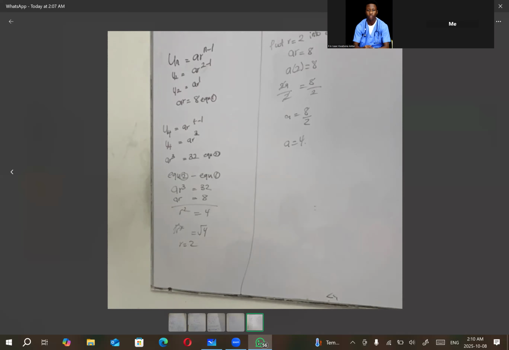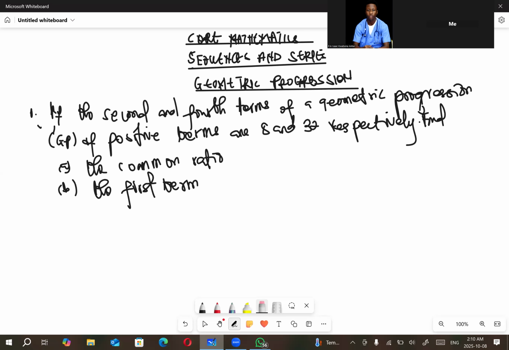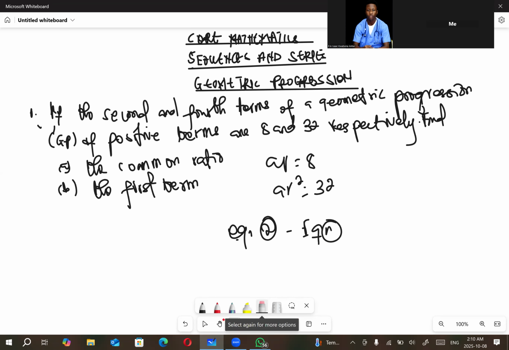How? That's wrong. Hello? Yes, sir. Saying equation 2 minus equation 1, do you know what it means? Equation 1 is AR equals 8. Equation 2 is AR cube equals 32. So it was supposed to be divided.